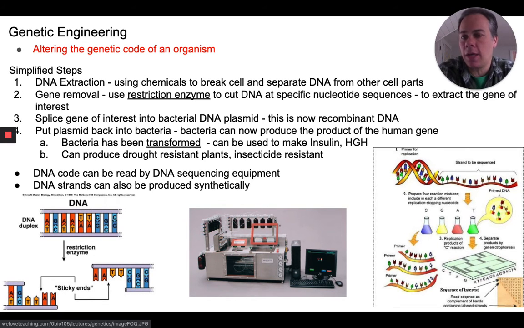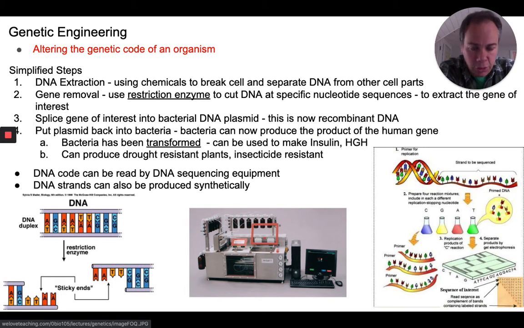Scientists now can read the genetic sequence of an organism using automated equipment. For example, when we're talking about the coronavirus, scientists have been able to study the DNA of the coronavirus to understand how it's evolved, how it changes, how it works.